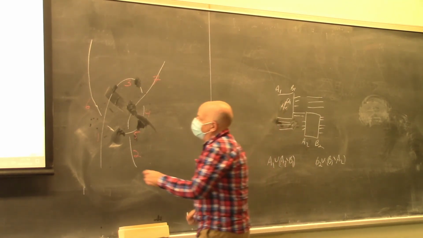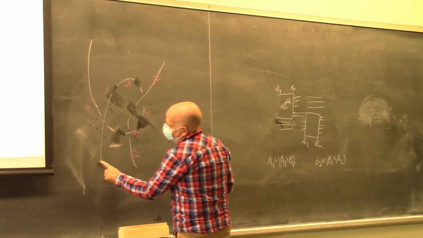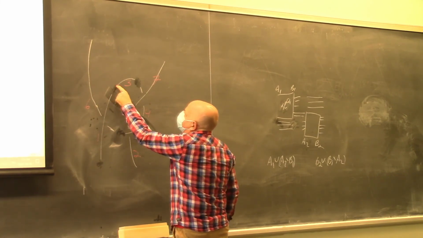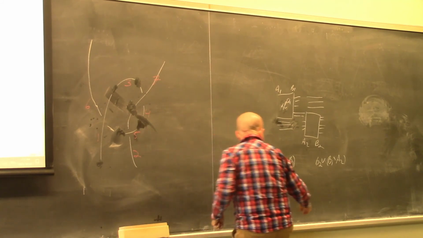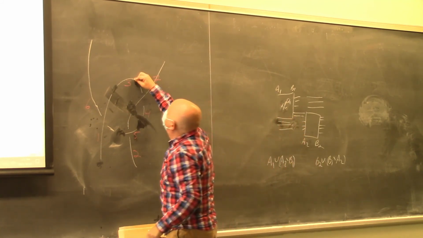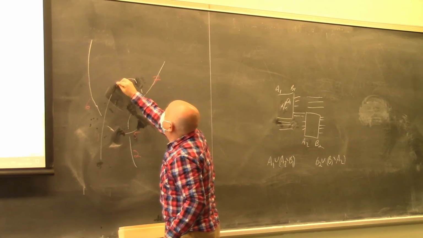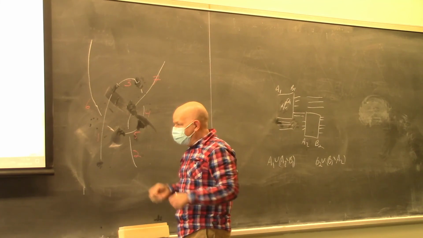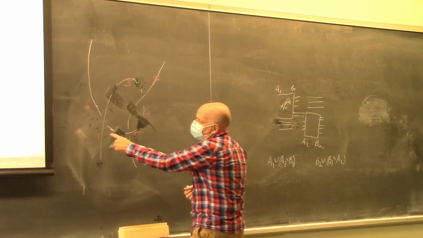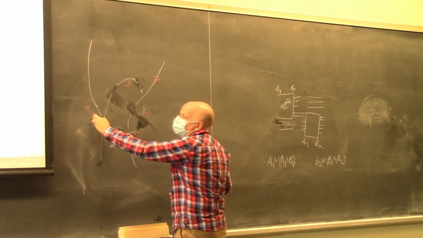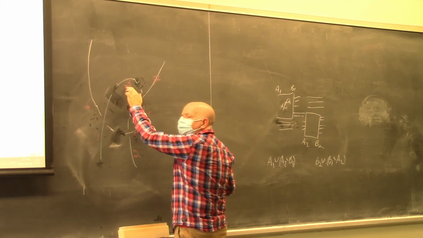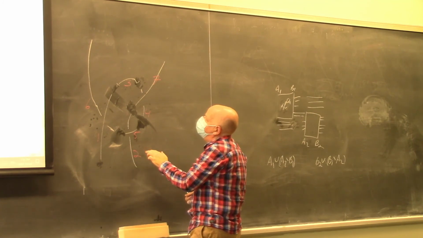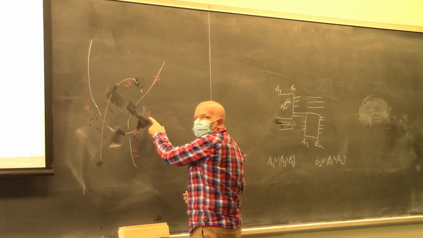Okay? So 1 is the tensor factor running from here to here. 3 is the tensor factor running from here to here, and so on. And then this is a crossing in which factor 1 goes over factor 6. This is a cap for factor 3. This is 7 goes over 4, and so on.